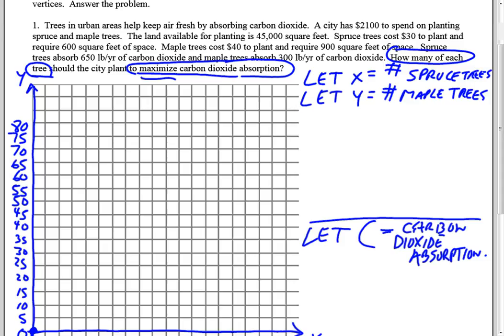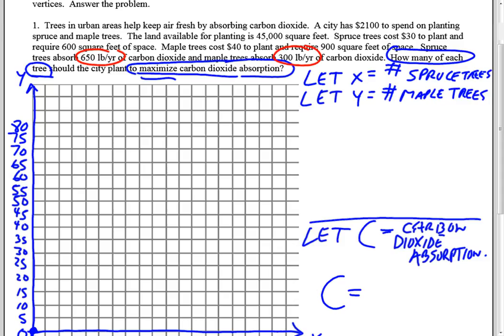Since we'd only deal with 2 or 3 examples at a time in this unit, try to write out as much as you can. Give me as much detail as you can. What numbers correspond to carbon dioxide absorption? What should I be focused on when I'm creating this equation? What numbers? 650 and 300?